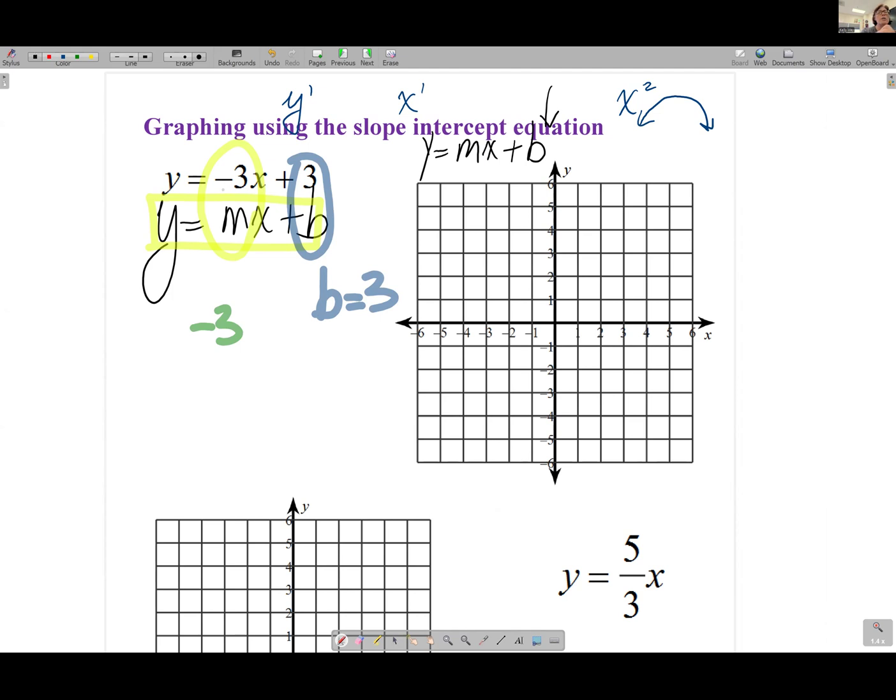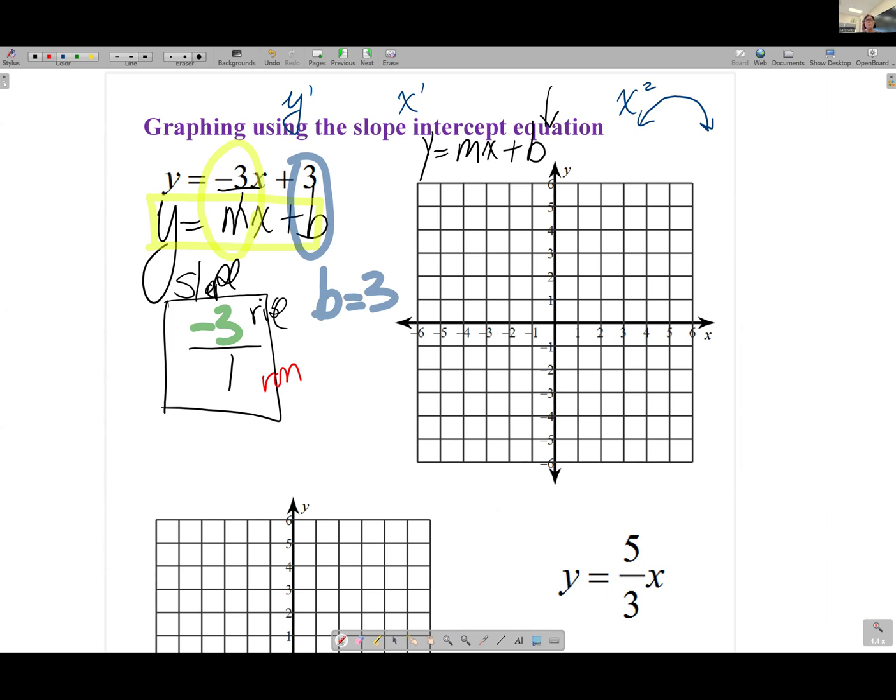Aha, but there is, because technically, super important, all slopes, without exception, are fractions. So even when you're given a whole number, you need to pop it over 1. This is our slope, and it is rise over run.